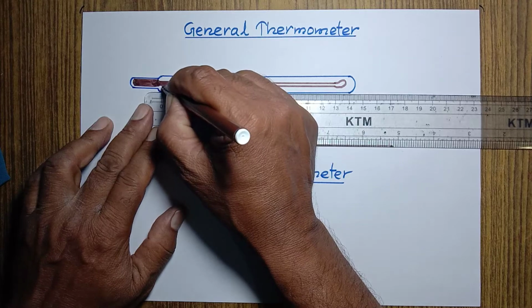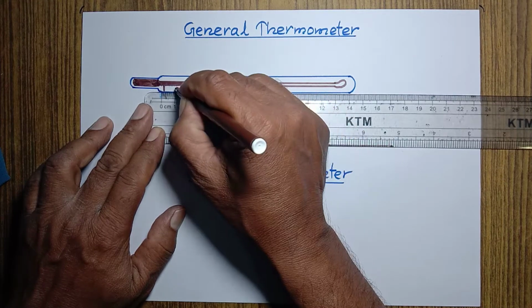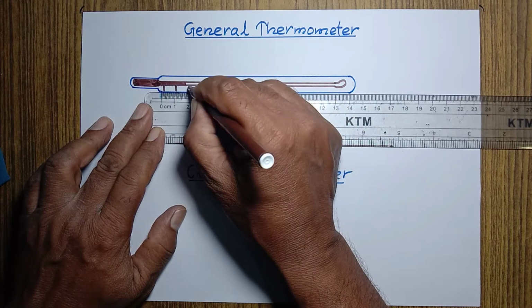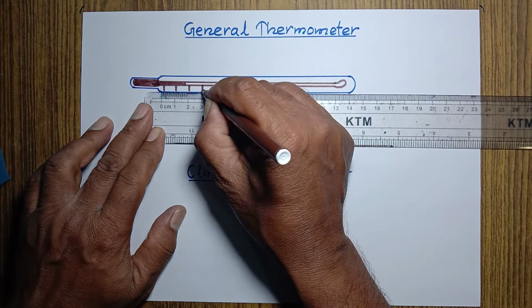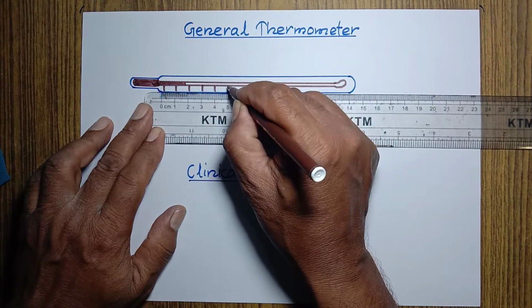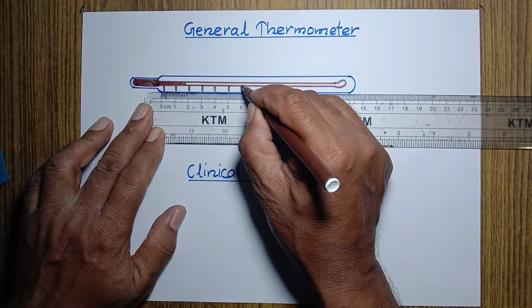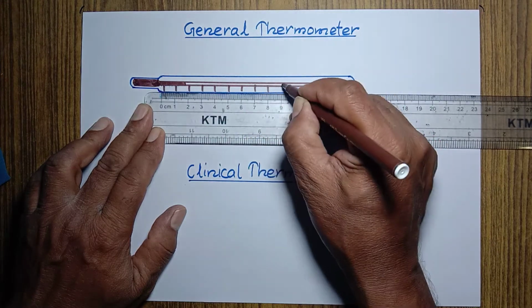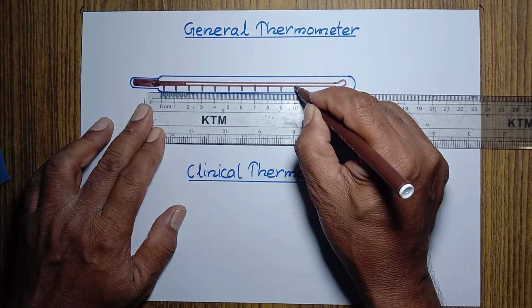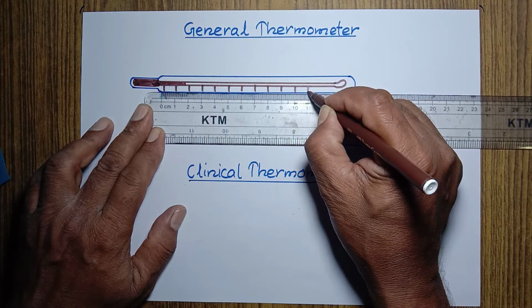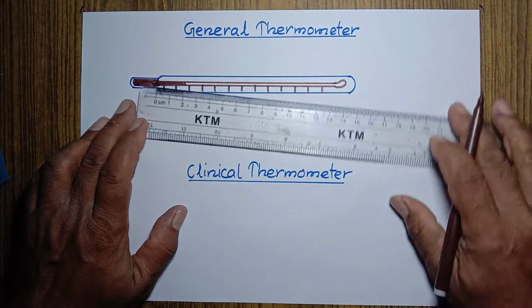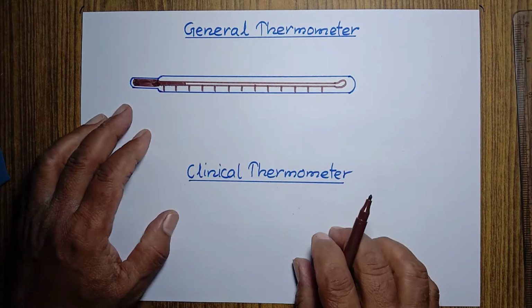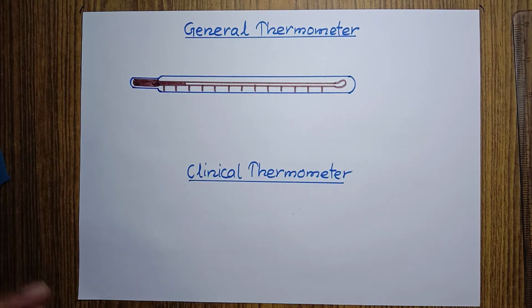way. Let's say this is -10, this is 0, this is 10, 20, 30, 40, 50, 60, 70, 80, 90, 100 and 110. Okay, now we have to write the values also. So the values can be written this way.